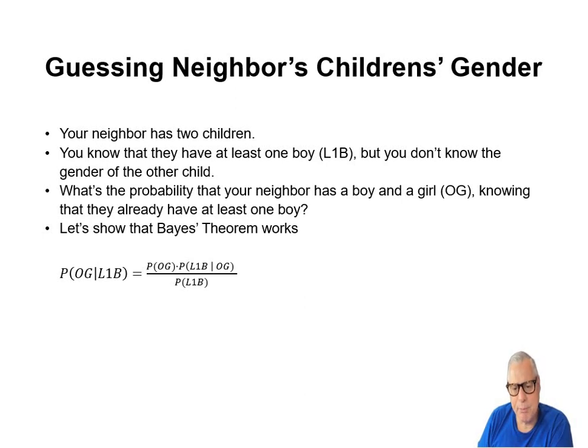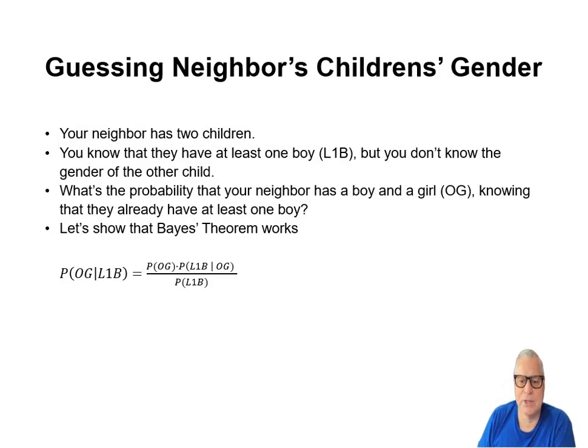So then by Bayes' theorem, this is the probability that the other is a girl, times the probability, given that the other one is a girl, that they have at least one boy. Well, you already know that they have at least one boy, over the probability of having at least one boy.